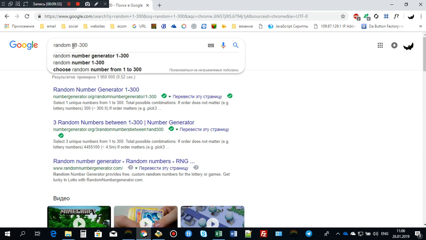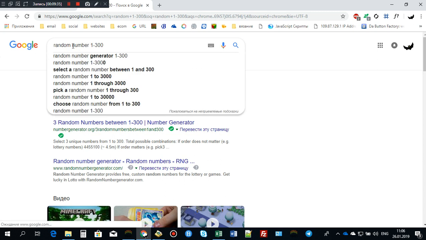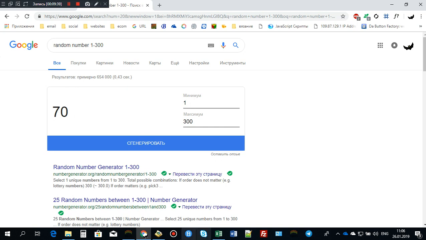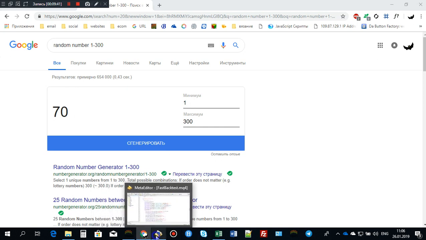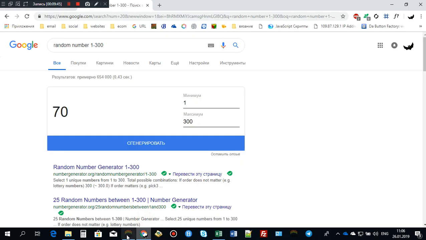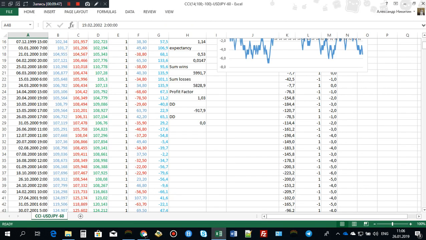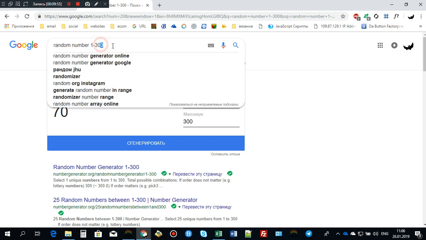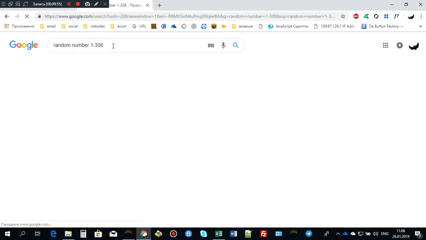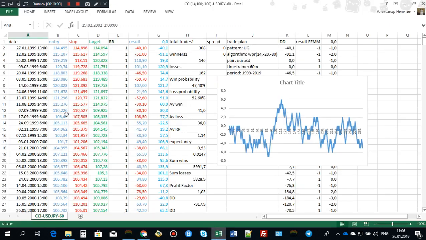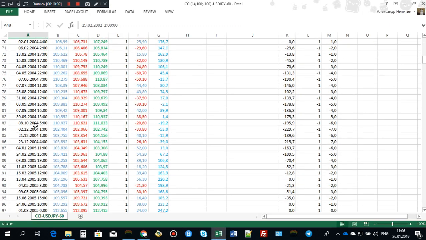Google gives us 70. How many trades do we have here? Oh, 308. Now let me change that. 308, and Google gives the number 93. We go to our Excel spreadsheet to line 93.